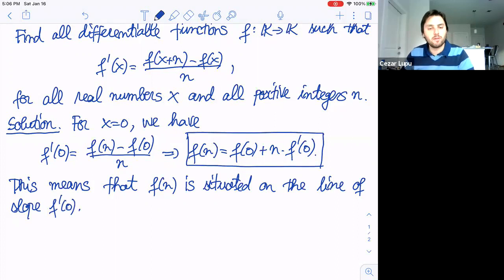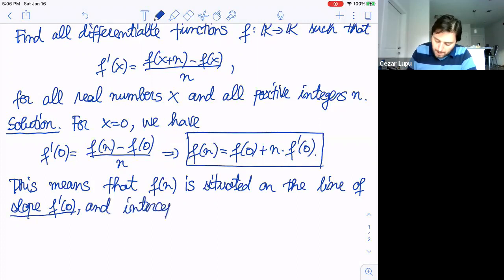This is the equation of a line in slope intercept form. So that's what we have to know. All right, that's great.